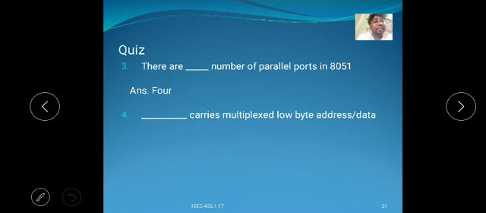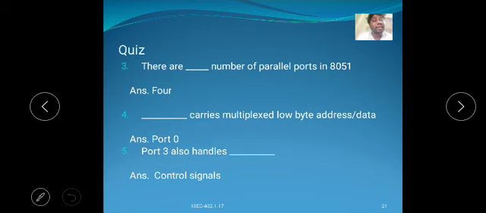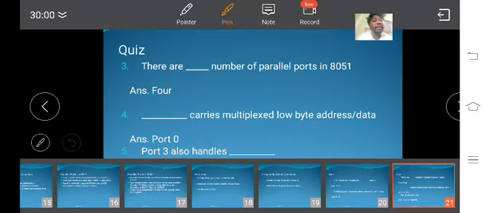Dash carries the multiplexed low byte address or data. Answer: port 0. Port 3 also handles the control signals.